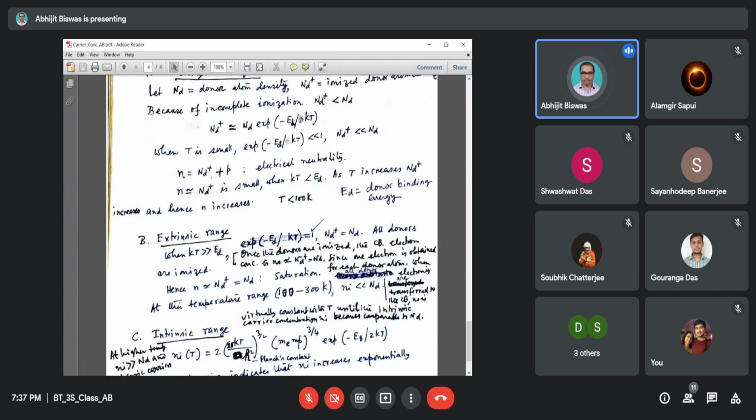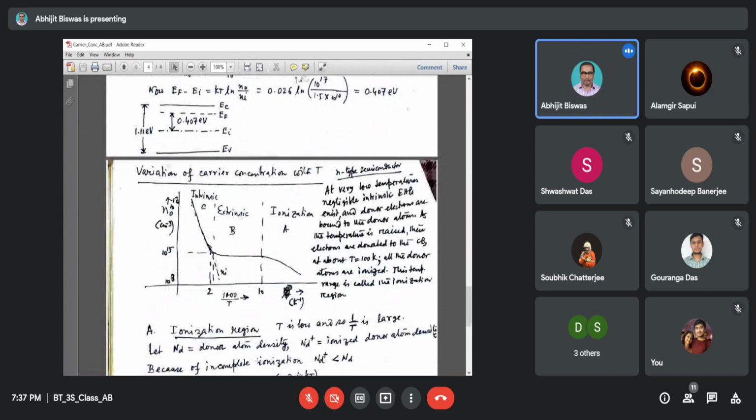This region is called the intrinsic region, and it happens at a very high temperature, say 1000 degree Kelvin or more, 1500 degree Kelvin. If the semiconductor actually exists at a higher temperature, we can go up to that temperature; the semiconductor must withstand that higher temperature. So first is the low temperature, that means the ionization region.